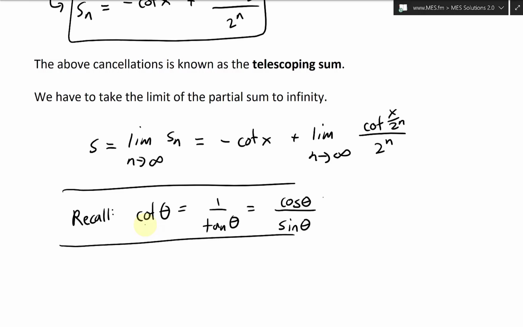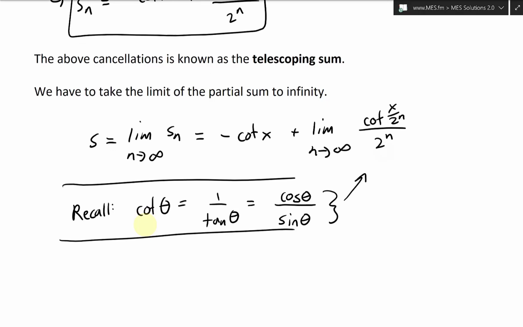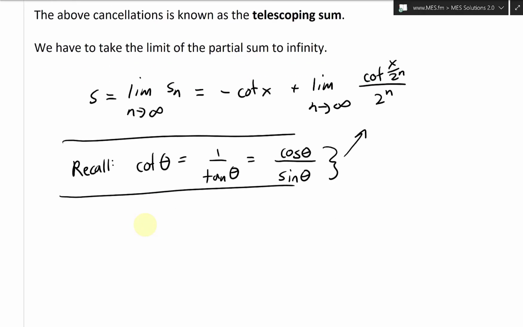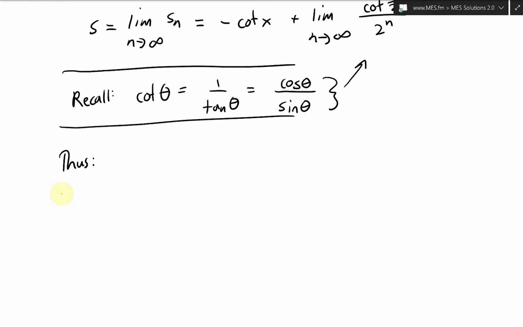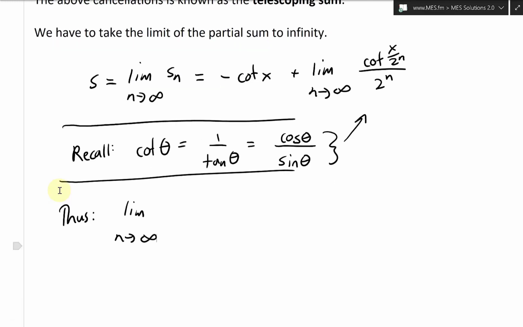So we're going to throw that inside that limit. Let's just take a look at that limit separately. Thus, the limit as n approaches infinity of cotangent of x over 2^n becomes, I'll write this as a giant fraction, so there's a 2^n there, and the cotangent becomes cosine of x over 2^n divided by sine of x over 2^n.